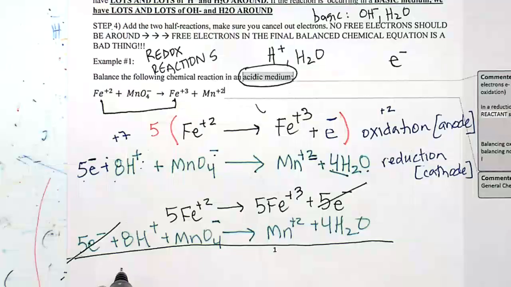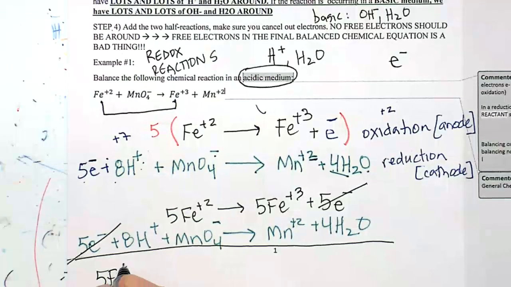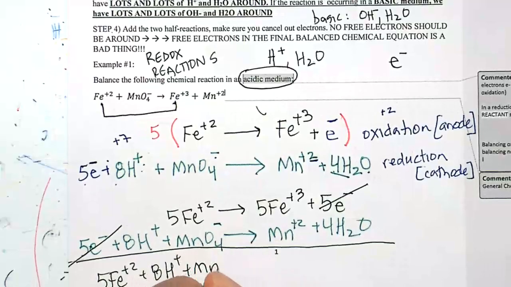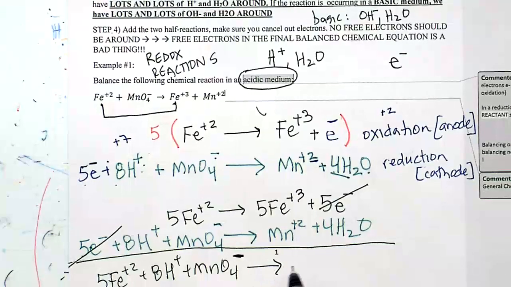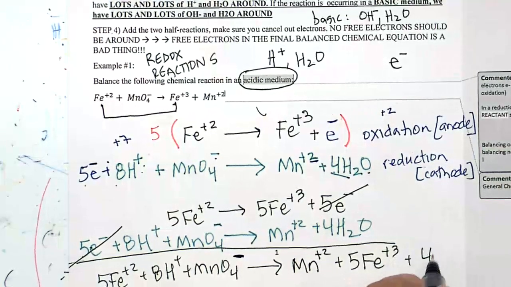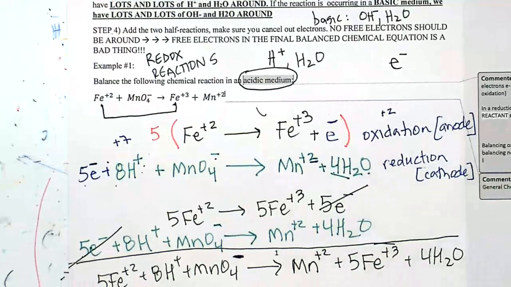And then our final net redox reaction, combining oxidation and reduction, is going to be this: 5Fe plus 2 plus 8H plus plus MnO4 minus goes to Mn plus 2 plus 5Fe plus 3 plus 4H2O. And I think that's the right answer.